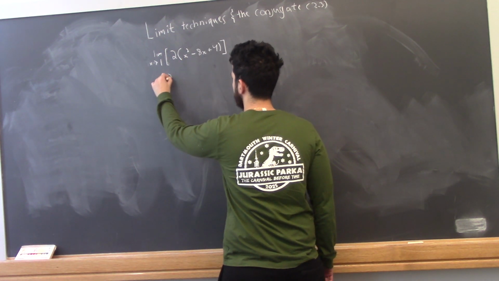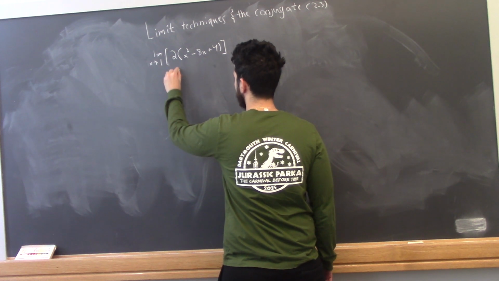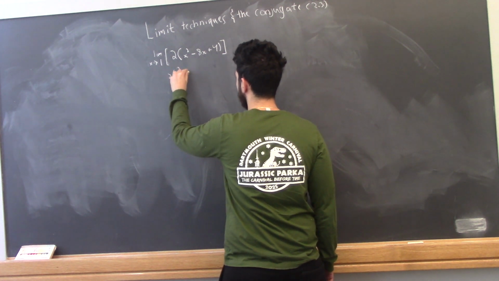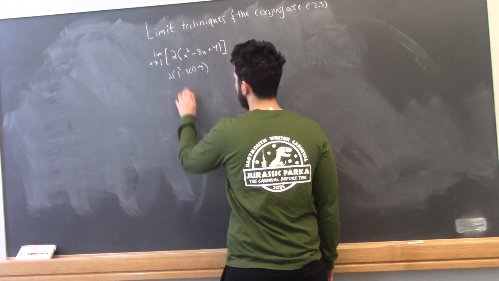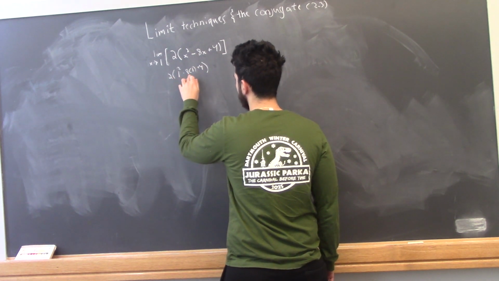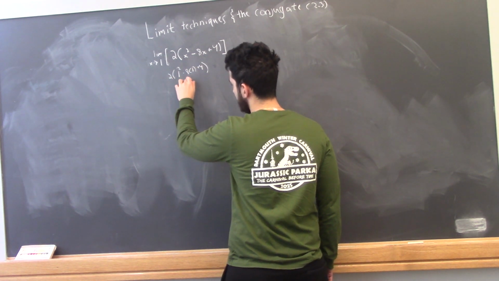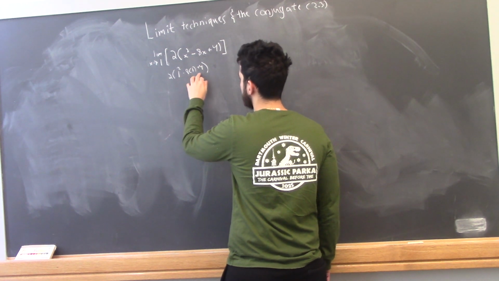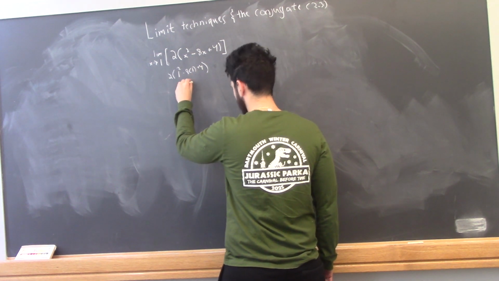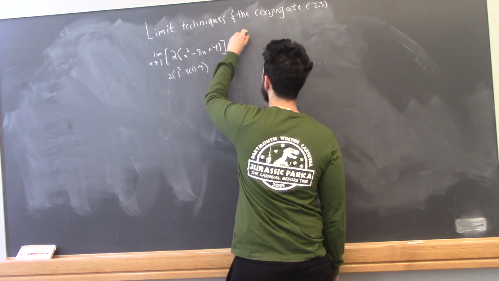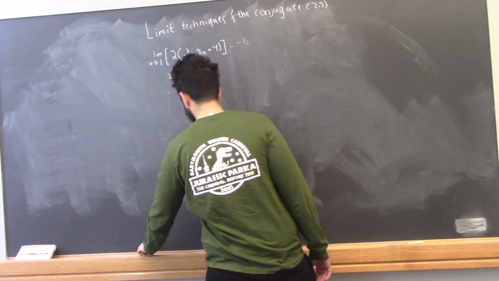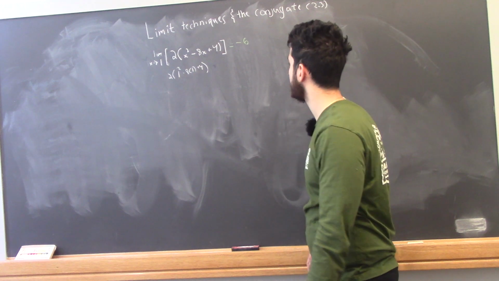So we're going to have 2 times 1 squared minus 8 times 1 plus 4. 1 squared is 1. Minus 8 times 1, which is just 8, so that's negative 7, plus 4 is negative 3. So for this, we get negative 3.